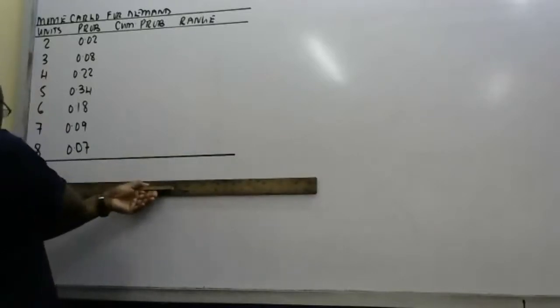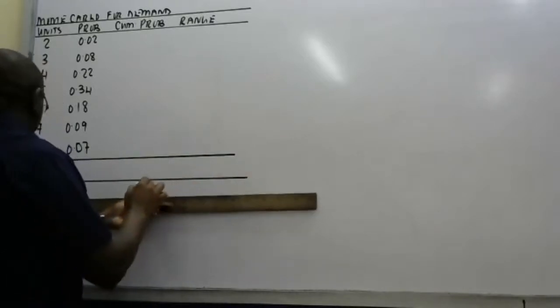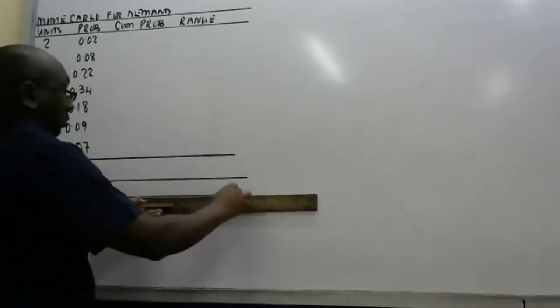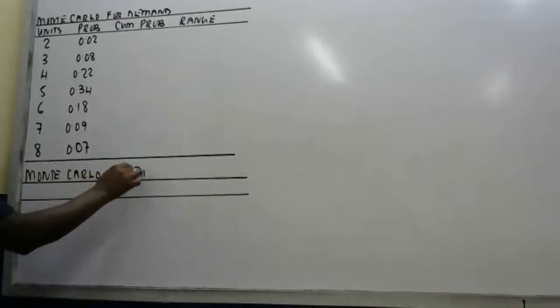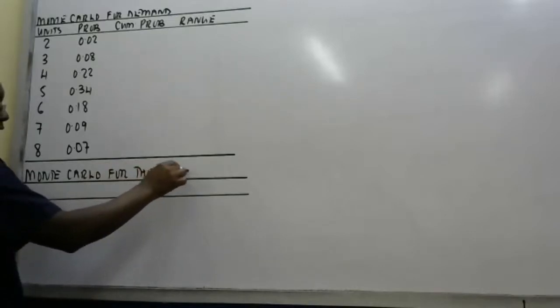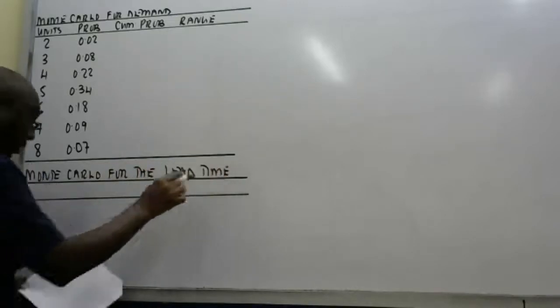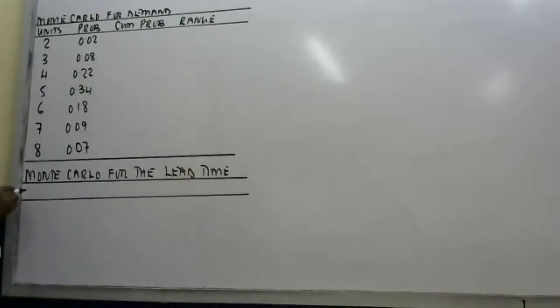Then from there I need to have the Monte Carlo for the lead time. So in this Monte Carlo, I have weeks here, which are 1, 2, 3, 4, and 5.